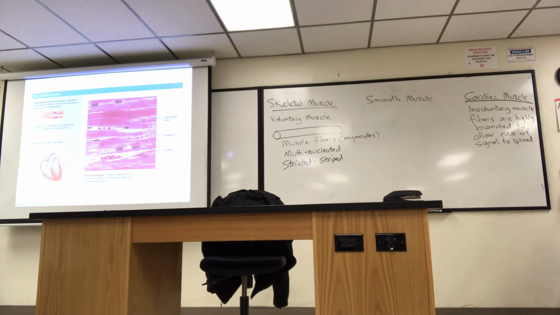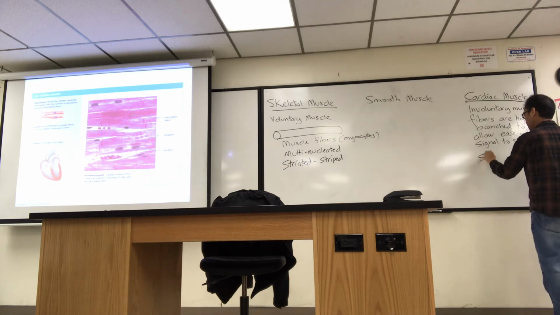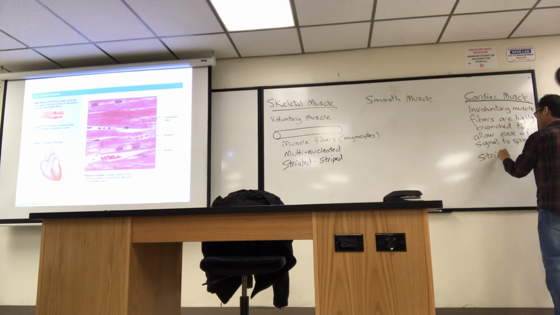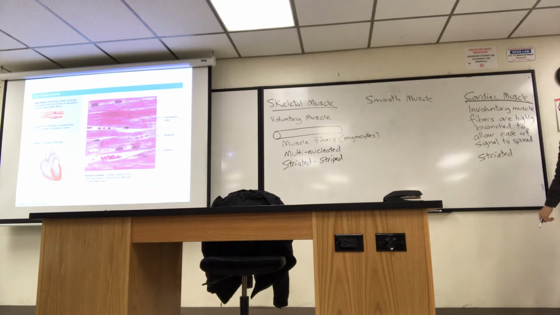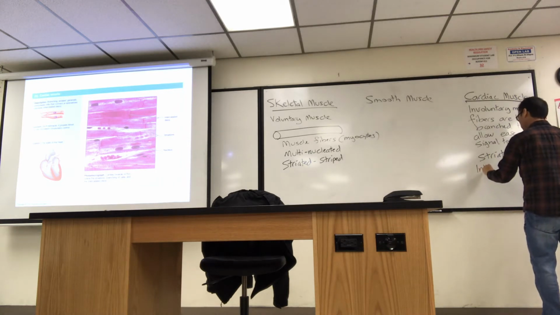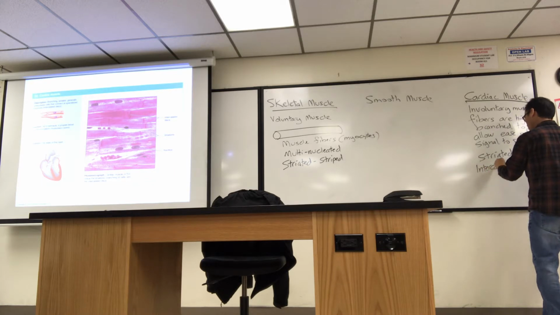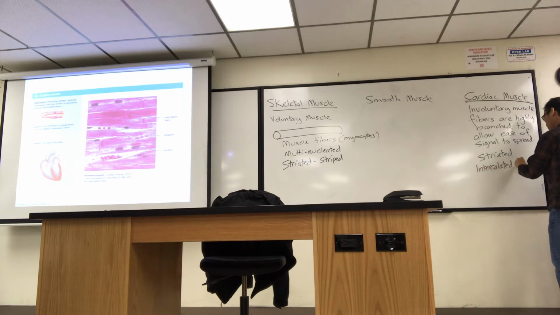It's also striated. And one structure you see only in the cardiac muscle, nowhere else, are those intercalated disks. Let me write it down here. Intercalated disks. These little dark bands.